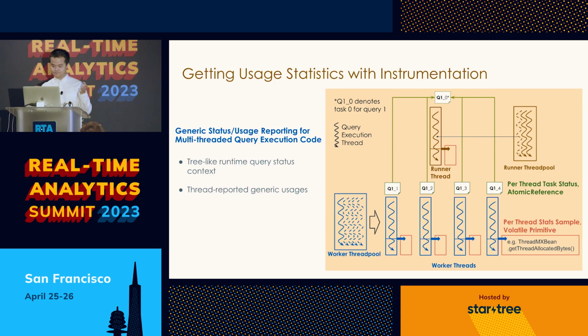For example, here, when we want to track the memory allocation, we can get the allocated bytes from the thread MXBean, and then we store it in the form of a volatile long. So the usage stats can be pretty generic, not limited to memory tracking, but also CPU time, document scan during the query processing, and so on.